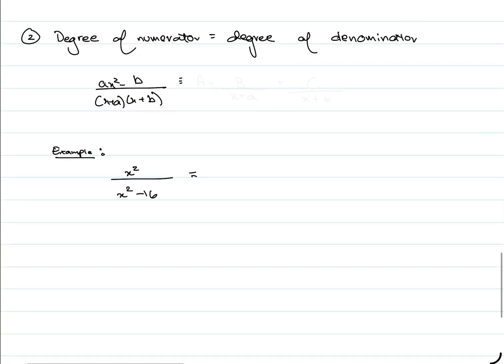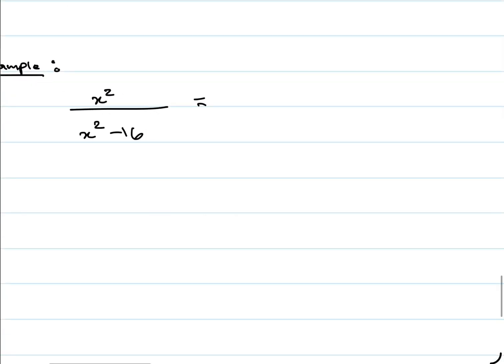Our final case is where the degree of the numerator is equal to the degree of the denominator. This case doesn't show up that often, but it's useful to know. So here we break this into three distinct terms. So a plus b upon x plus a plus c upon x plus b. Let's do an example. x squared upon x squared minus 16.